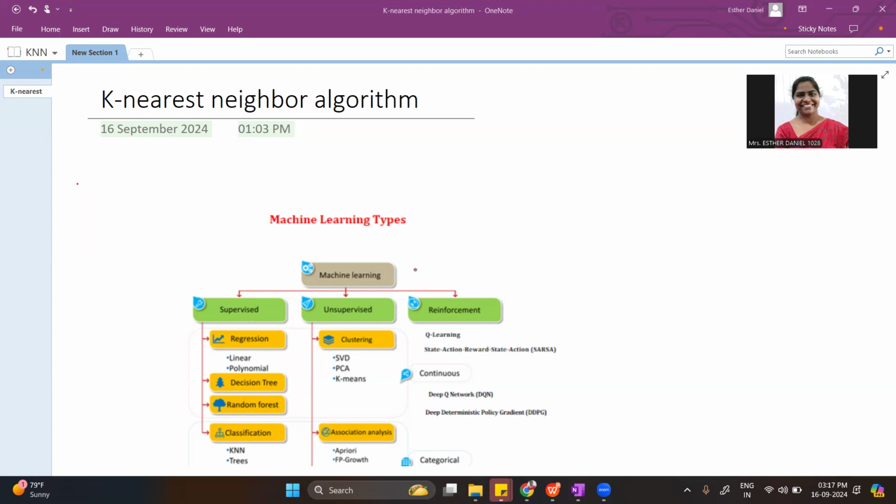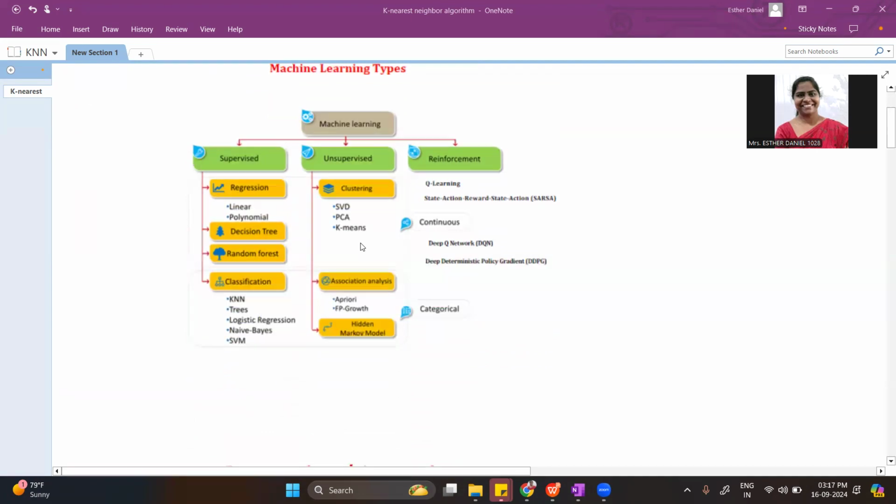Before going into the KNN algorithm, we know that machine learning algorithms are classified into supervised, unsupervised, and reinforcement algorithms, in which supervised algorithm deals with labeled data, unsupervised algorithm deals with the unlabeled data, and reinforcement algorithm deals with the reward and penalty method of learning.